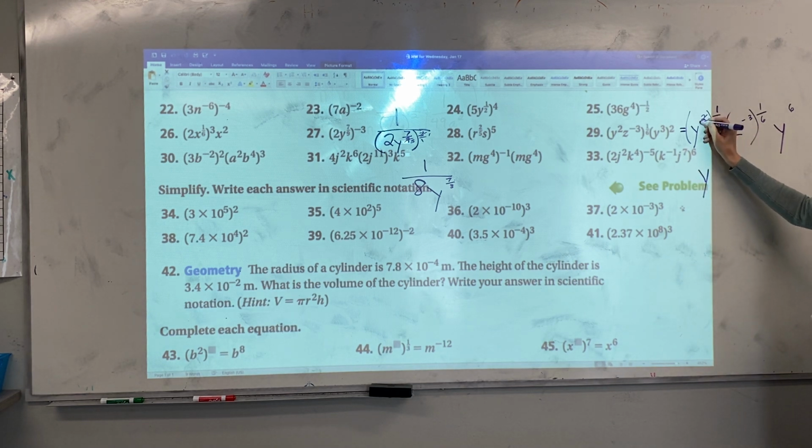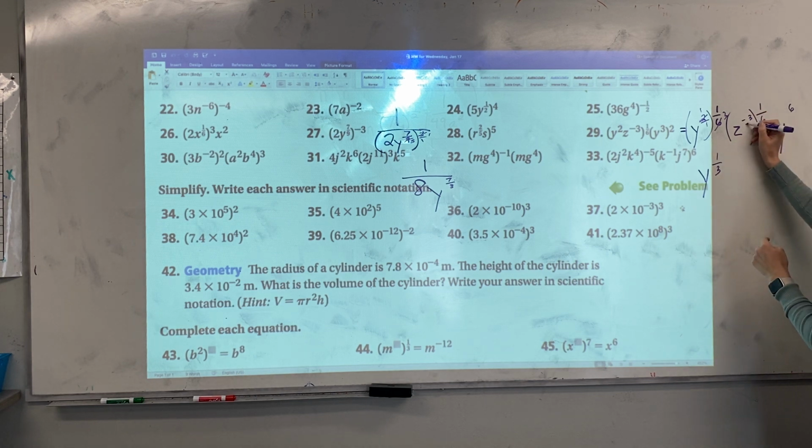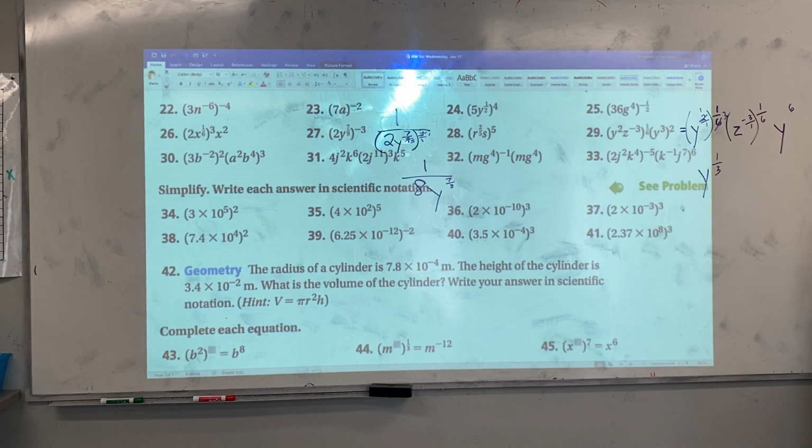Yep, cancel, cancel. So we get y to the 1/3. And then z to the -3 to the 1/6, what do we do? Multiply, so we have -3/6, which is -1/2. Good.